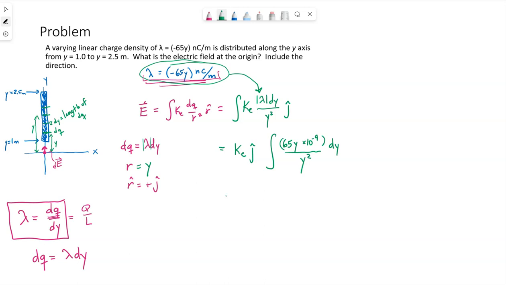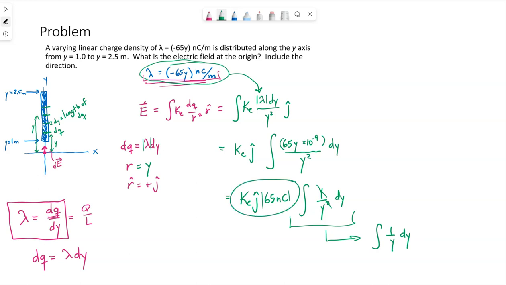So I can actually pull out the 65 nanocoulomb part, because again, I'm just doing the absolute value. And so that leaves me with y over y squared dy. But one of those y's will cancel. So this becomes just 1 over y dy. And we still have all these constants.